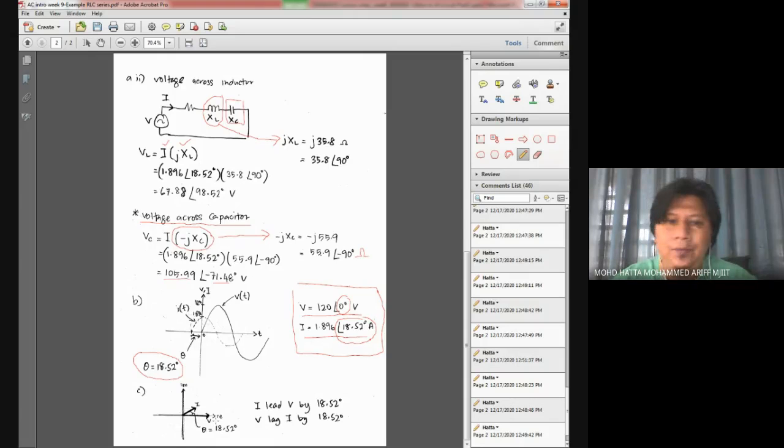And if there's a question asked about the phasor diagram showing the relationship, basically it's not complete until you get into this statement. You need to write down this statement where it says I leads voltage by 18.52 degrees, and V always lags I by 18.52 degrees.